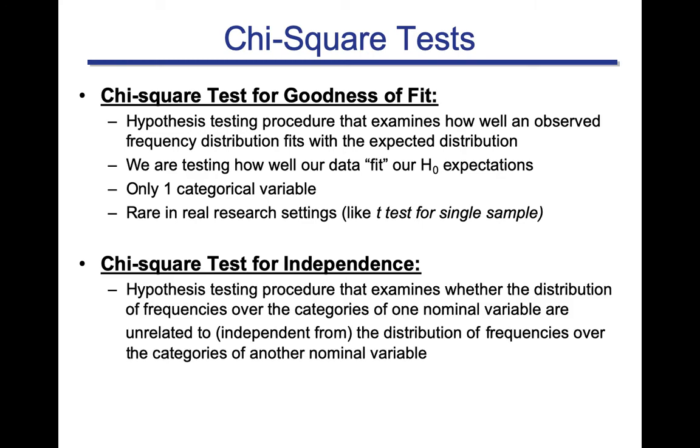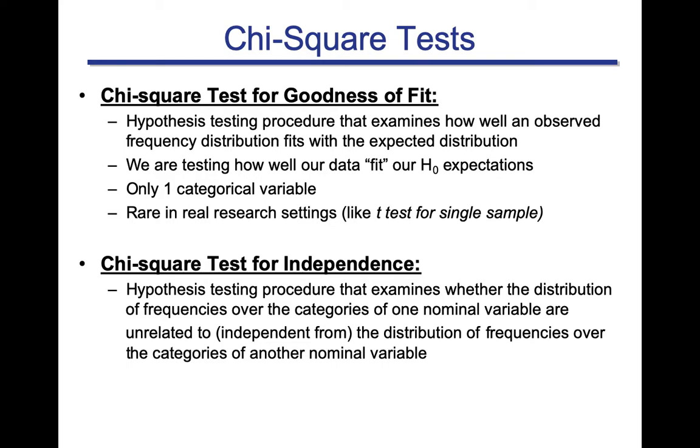This is a hypothesis testing procedure that examines whether the distribution of frequencies over the categories of one nominal, aka categorical, variable is unrelated to, in other words independent from, the distribution of frequencies over the categories of another nominal or categorical variable.